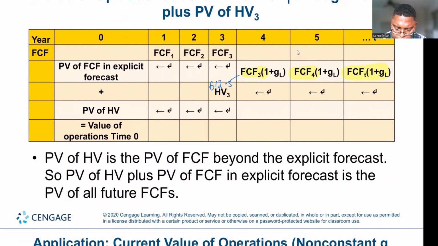For us to get the value of operation at time 0, which is right now, we take each of these cash flows that we had before. These are the irregular cash flows. Calculate their present value, and then we sum them up plus the present value of this horizon value. That is going to give us the total value of operation at time 0.